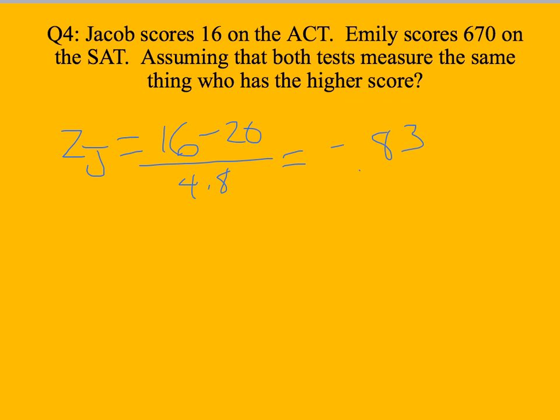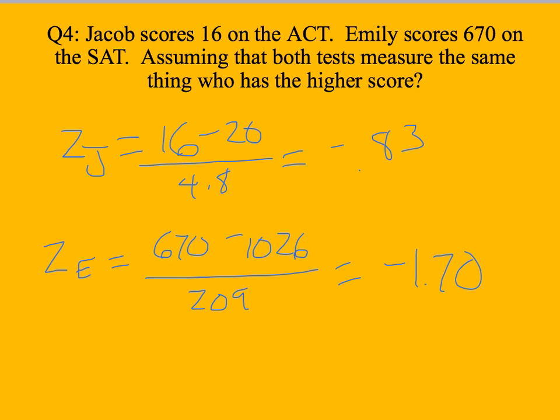And now Emily: 670 minus 1026 divided by 209 gives negative 1.70.